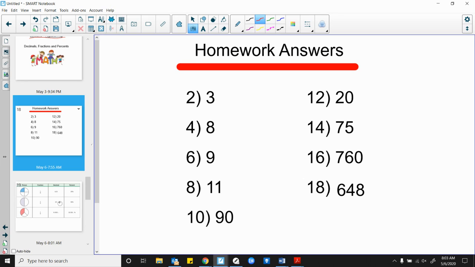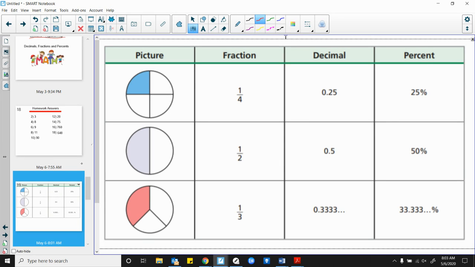All right. I put this graphic on here as a reminder. I feel like sometimes people get a little bit confused about what fractions are actually saying. When it says 1/4, that means one is shaded of the total four parts.